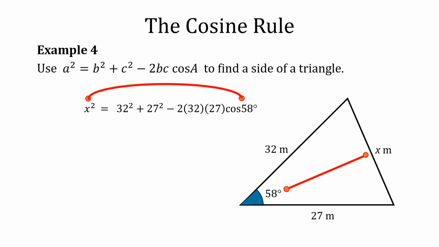Notice also that the angle you've used is formed by the two sides that are given, 32 meters and 27 meters. Work out the value of the right-hand side using the calculator. I've written this in red. There is no need to write this in your working. Now take the square root on both sides, and you get the answer for x to 3 significant figures.